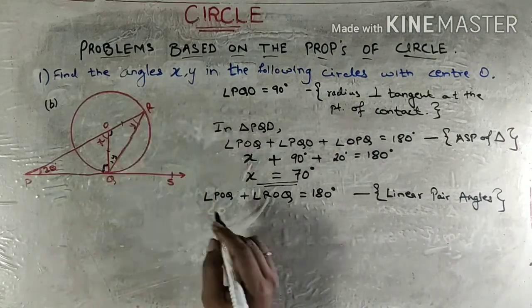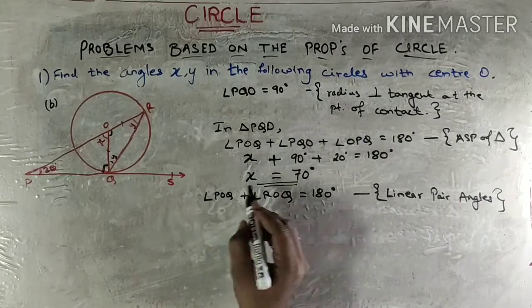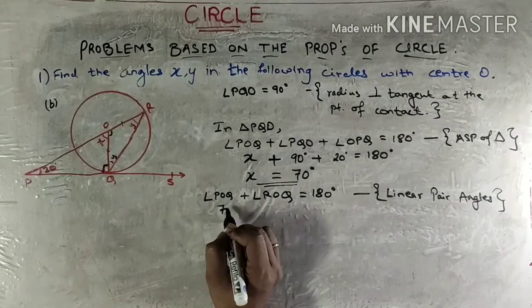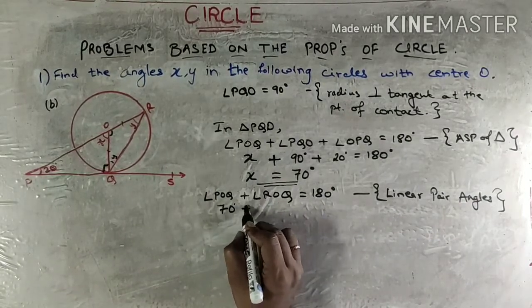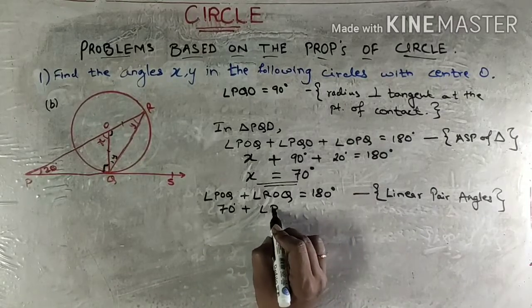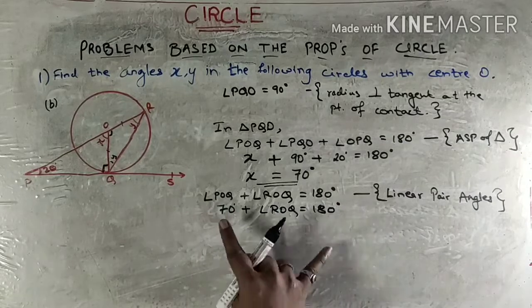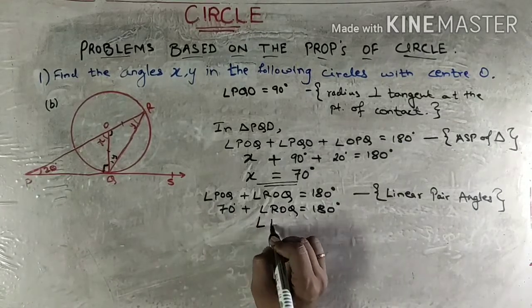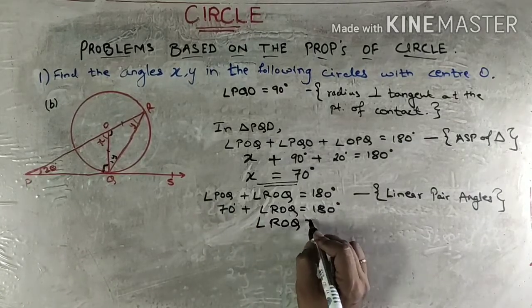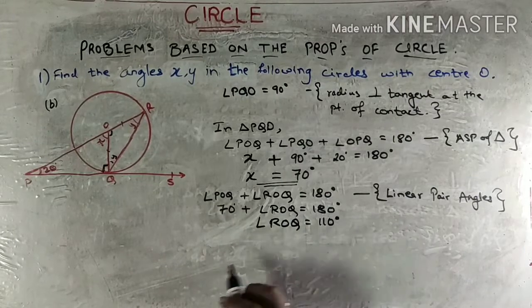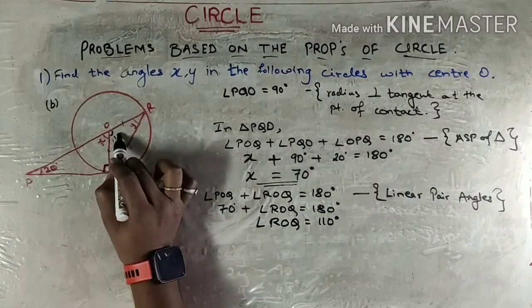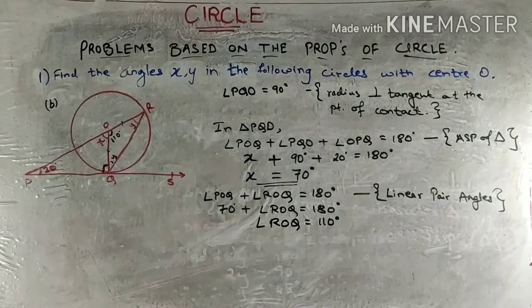Therefore, POQ is X and X is 70 degrees. ROQ, which I am supposed to find, is equal to 180 degrees minus 70. Subtracting 70 from both the sides, I get angle ROQ is equal to 110 degrees.